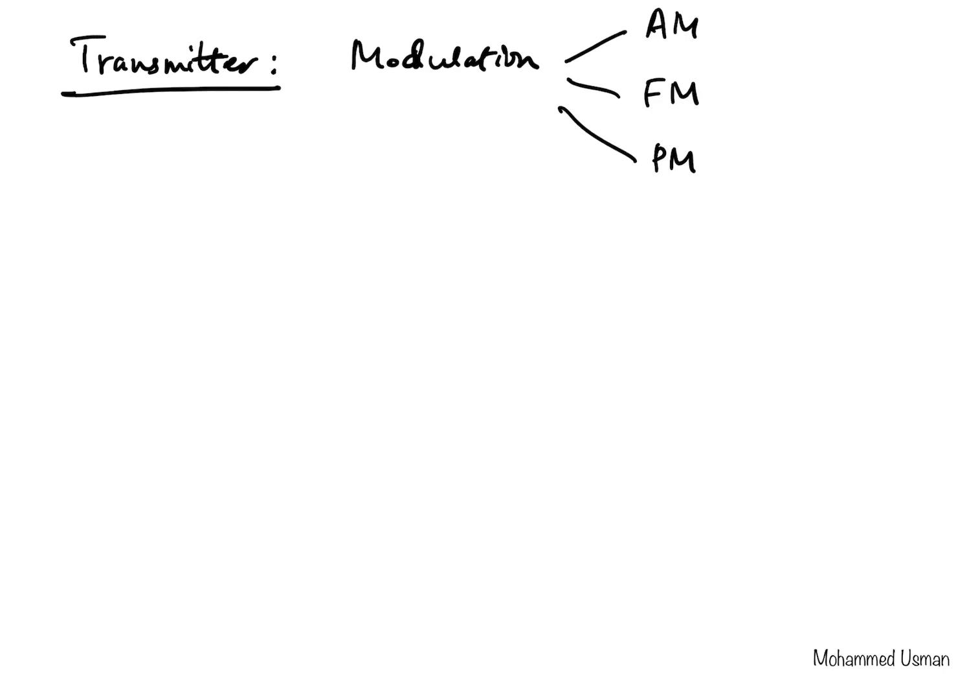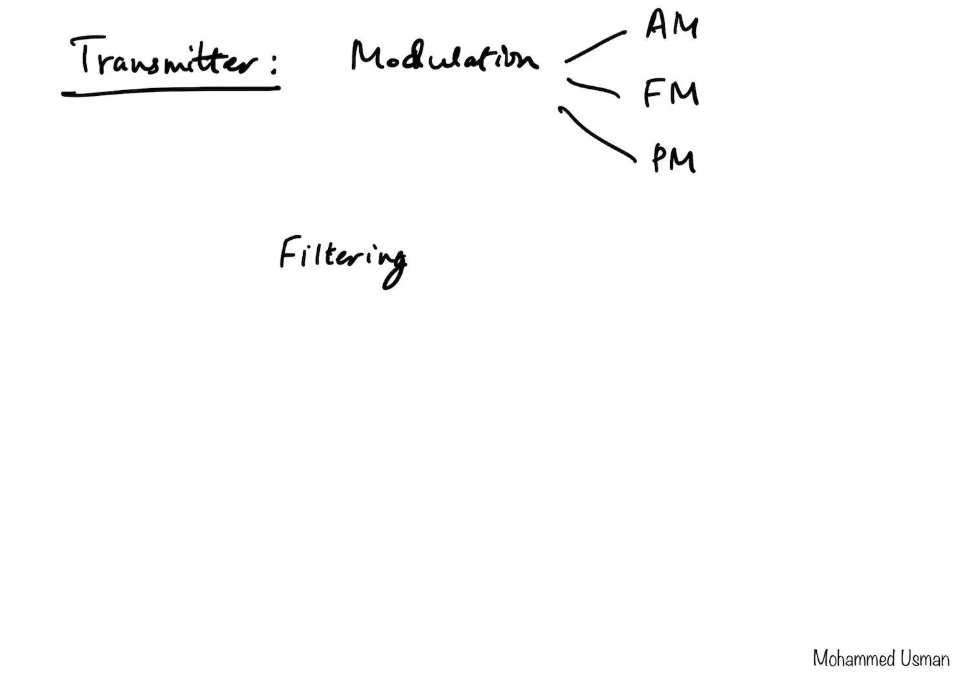Other functions that are performed at the transmitter include filtering. We want, for example, to have the signal that we want to transmit as uncorrupted as possible.